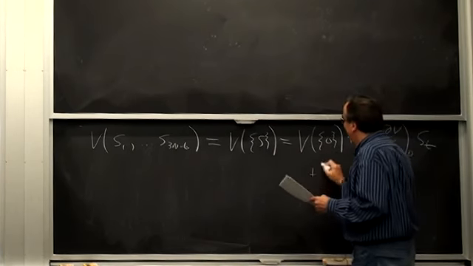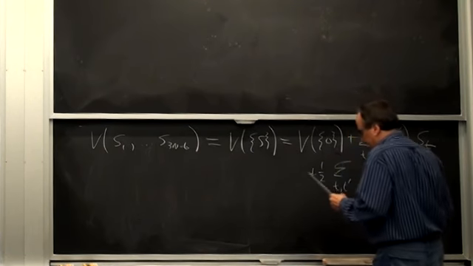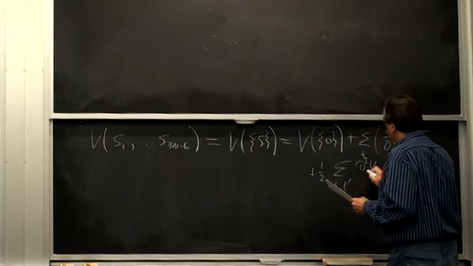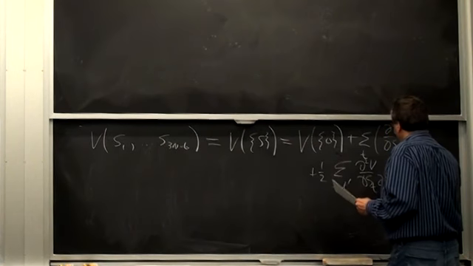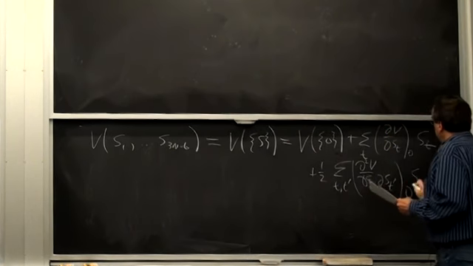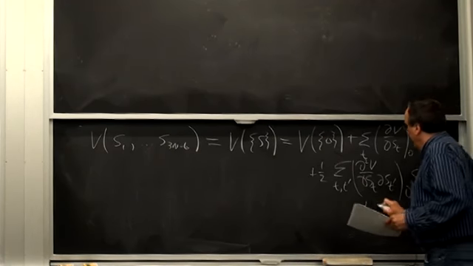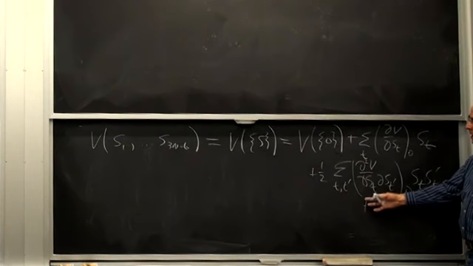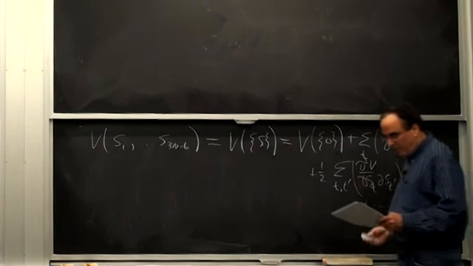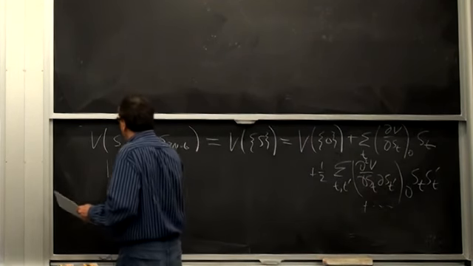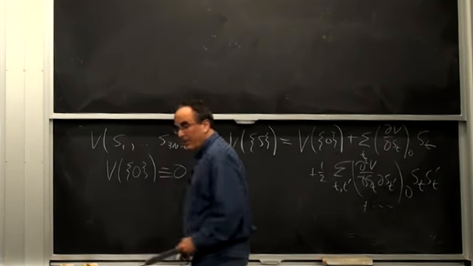Okay, and then we throw away the higher terms. So then we say, V of 0 is defined as 0.